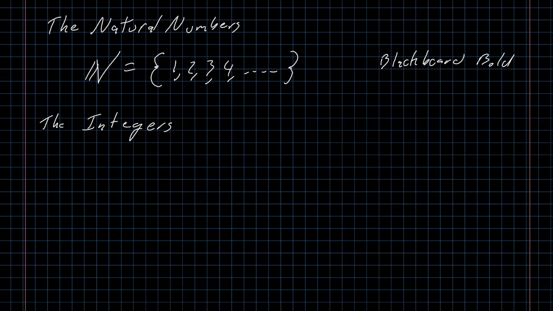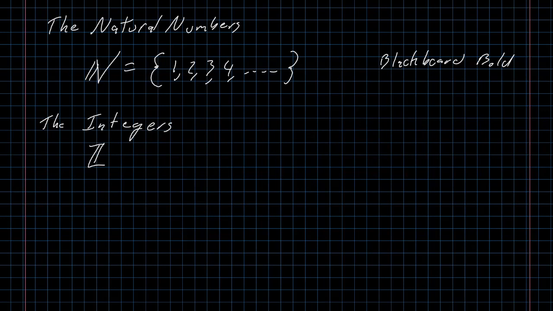The integers use the blackboard bold letter Z, which doesn't make sense at first glance, but there is a reason for it. My German pronunciation is terrible, so I'm not going to try, but the German word for number starts with the letter Z, and that's why the integers use the blackboard bold Z symbol.